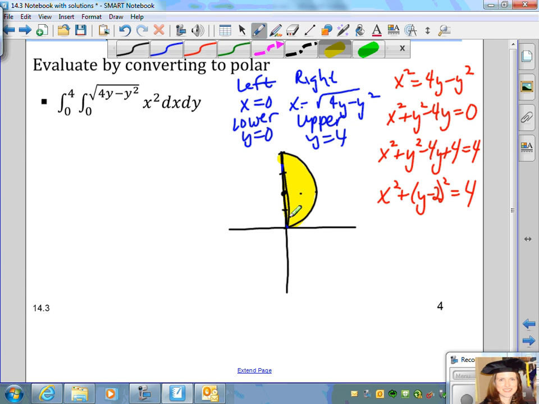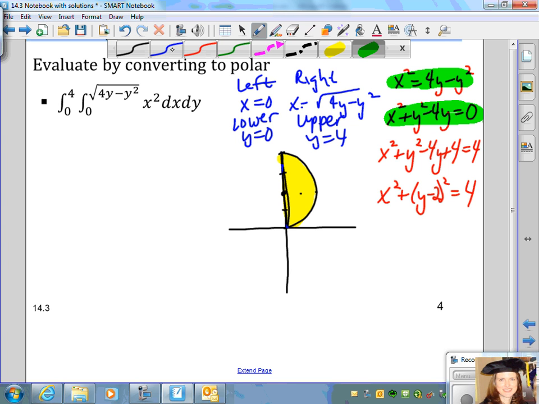When we convert this to polar, we're not only going to convert the bounds, but we're also going to convert the differentials. We need to come up with the bounds for r and theta. So we need to come up with the equation for this part of the circle in terms of r and theta. We can use some conversion equations and take what we have written up here, or even up here, either one.